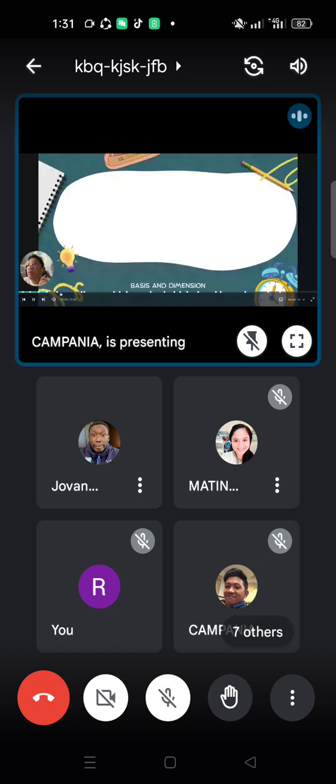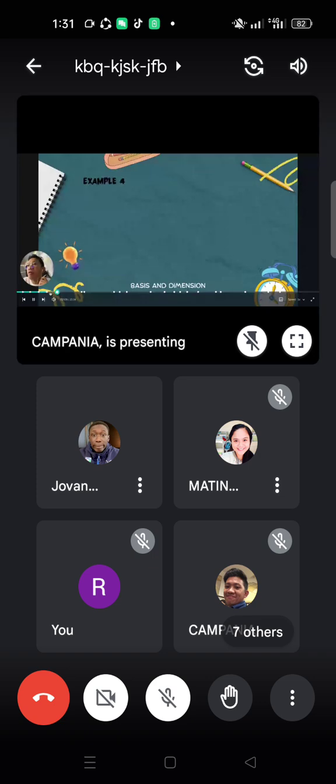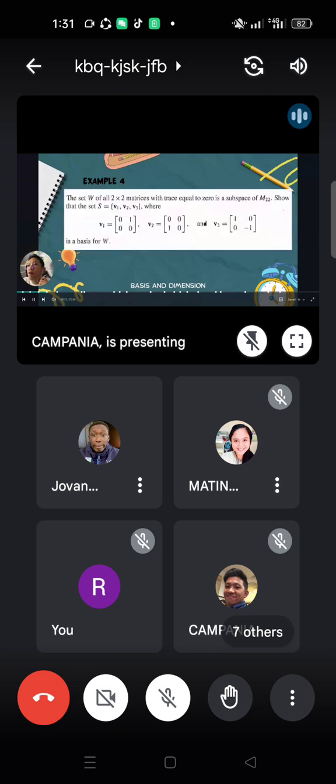Example 4, where the set W of 2 by 2 matrices with trace equal to 0.